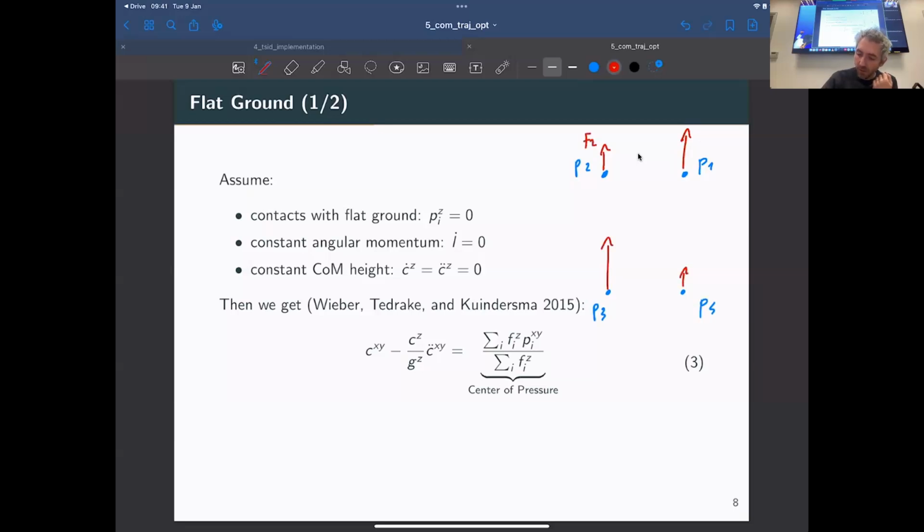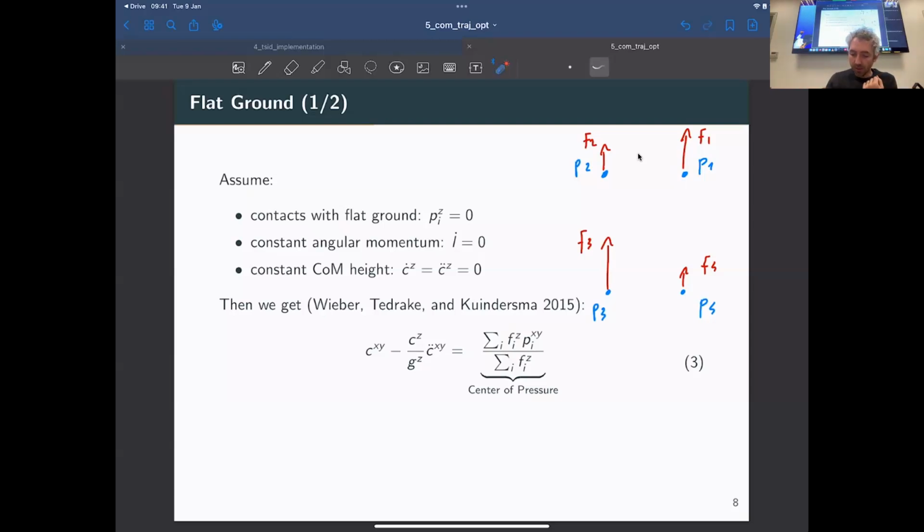So F2, F1, F4, F3. And this quantity that we are computing here is just a weighted average between these contact points, where the weights are the contact forces. Contact forces, remember, cannot be negative in the vertical direction because we cannot pull on the ground. We can only push on the ground.